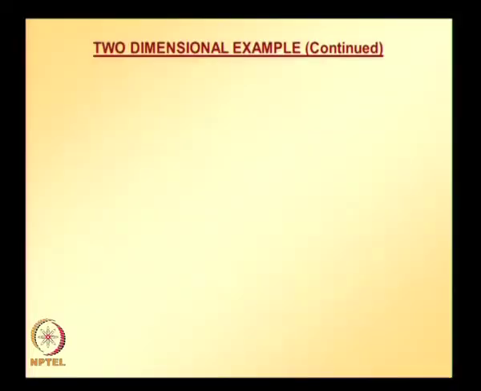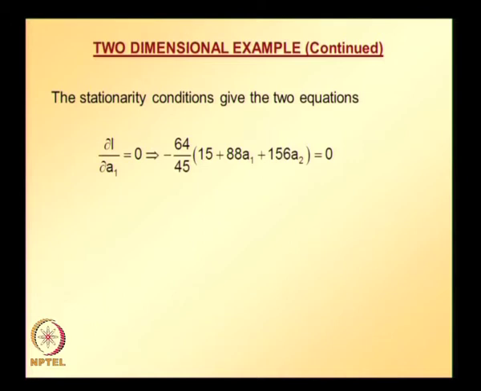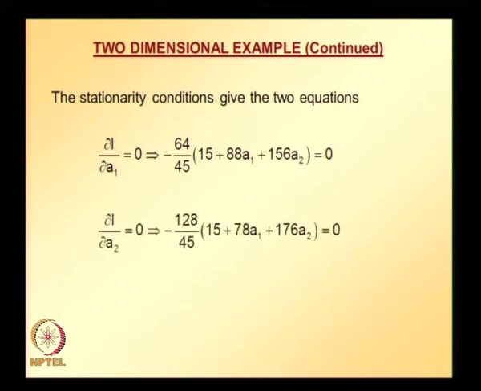Applying the stationarity conditions, the partial derivative of I with respect to a1 equal to 0 gives us this equation, and the partial derivative of I with respect to a2 gives us this equation. If you see, these two equations are exactly the same as those we obtained using the modified Galerkin method.